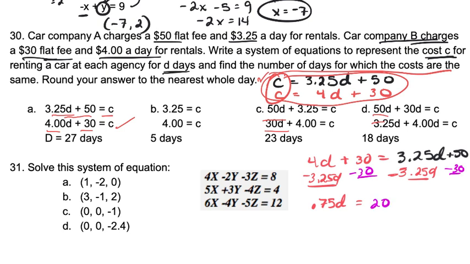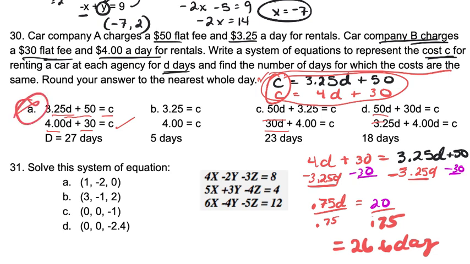So now I just have to divide by 0.75 on each side of my equation. Let's see here, 20 divided by 0.75. I should just do that in my head. But I'm getting about, these are days I'm calculating, 26.6 days, so 27 days. And so it does match with A all the way around.